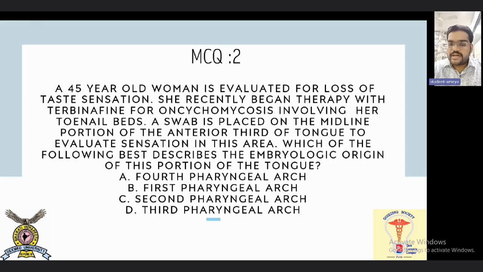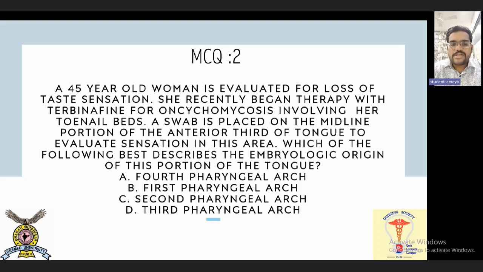So anterior thirds of tongue in embryology have a very special place. If the question was not related to embryology, then simply the answer would have been our anterior 2/3 of tongue, so chorda tympani nerve, branch of facial nerve. And then you will be easily misguided and you will mark the answer as C, second pharyngeal arch, which unfortunately is a wrong answer.